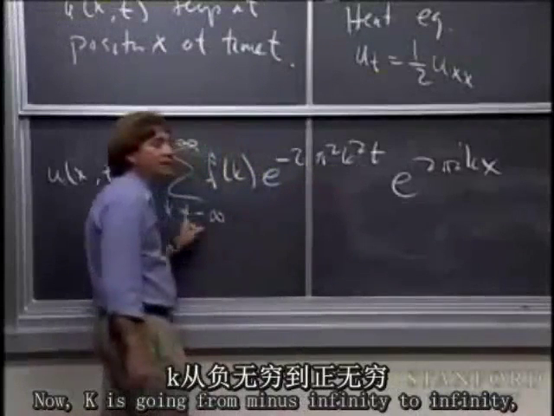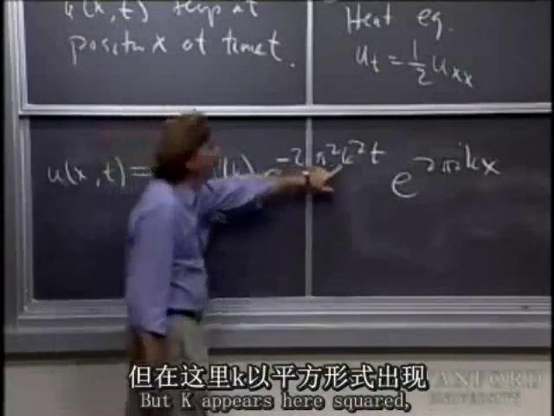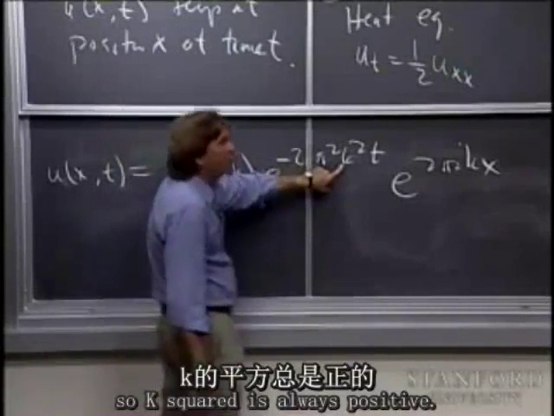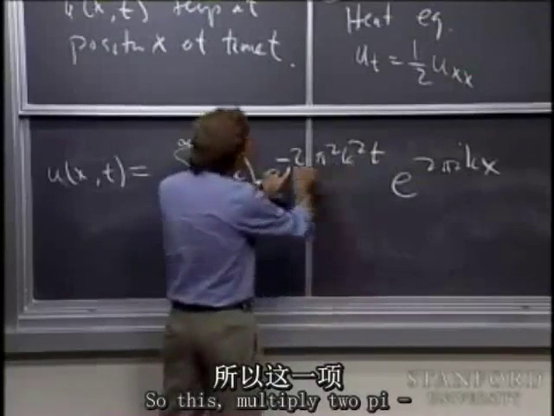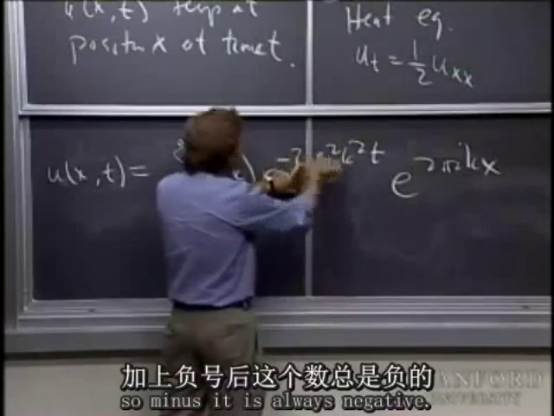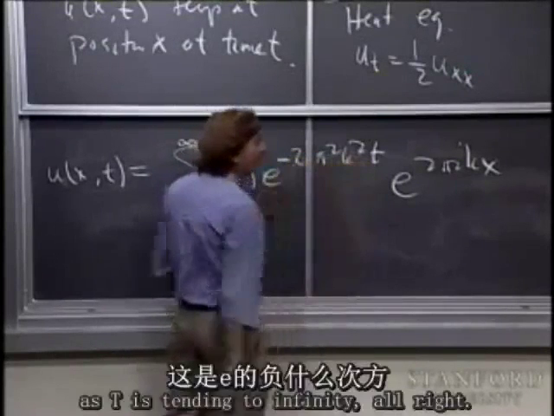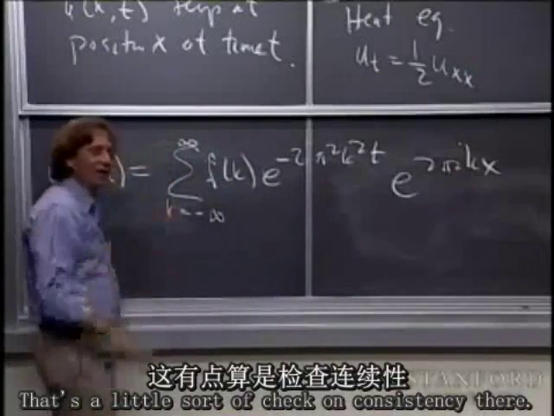Now, k is going from minus infinity to infinity. All right. k is both positive and negative here. But k appears here squared. So k squared is always positive. So this number, 2 pi squared k squared, is always positive, so minus it is always negative. It's e to the minus something as t is tending to infinity. All right? That's a little sort of check on consistency there.